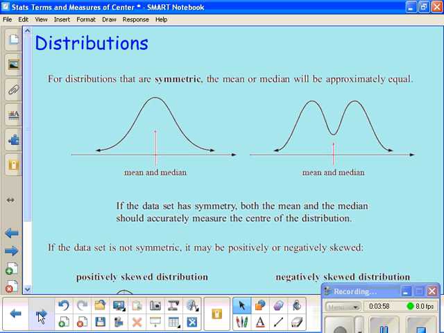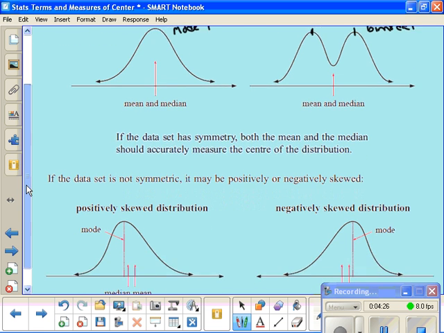So they can be symmetrical, with the mean and median in the middle. Here, the first one, we see the mean and median in the middle. We also have the mean and median in what we call a bimodal set of data. This has a mode, this is mode 1. This is what we call bimodal. It has two modes, but the mean and median are still in the middle. If the data is symmetrical, the mean and median are exactly in the middle.